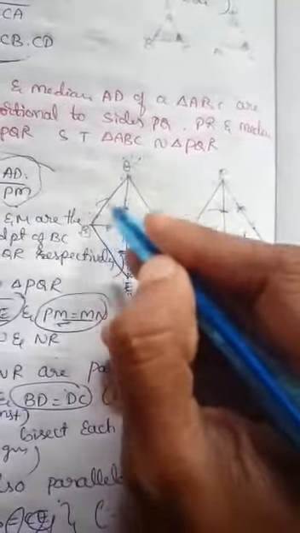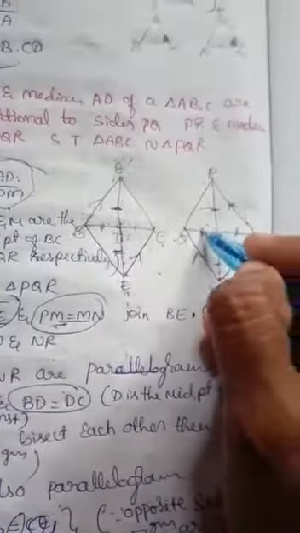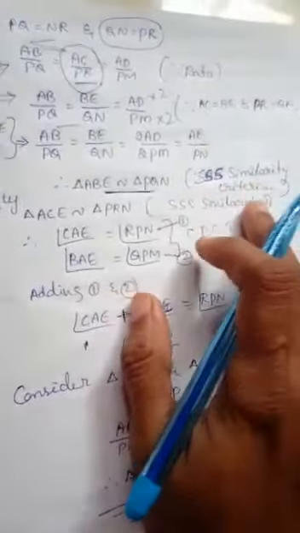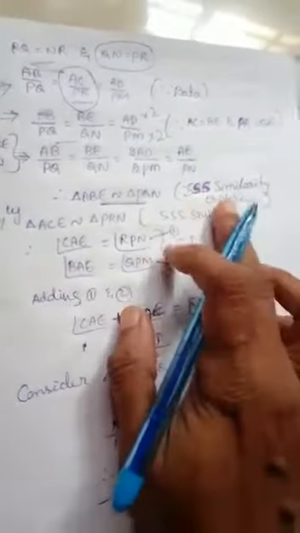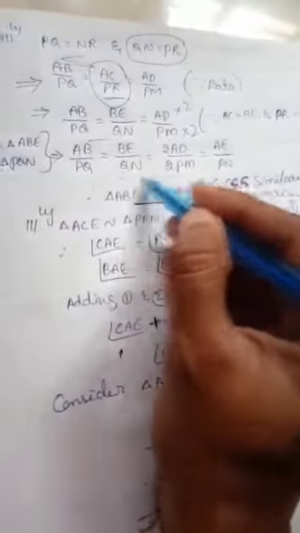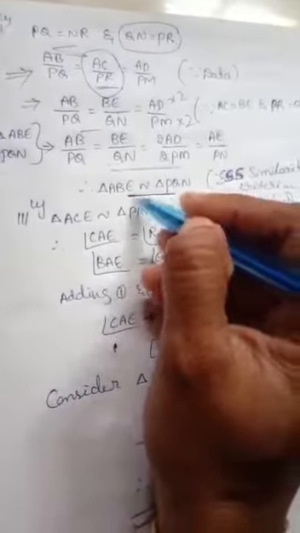Triangle ABE is similar to triangle PQN. We have to write by converse of the SSS similarity criterion: when the three sides ratios are equal, then the triangles are similar.